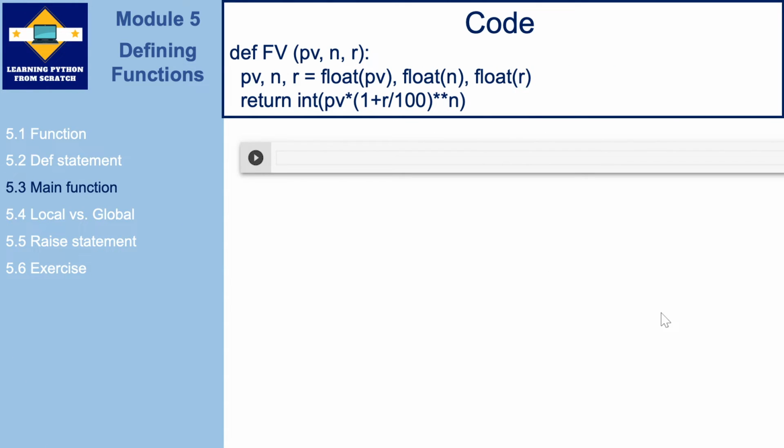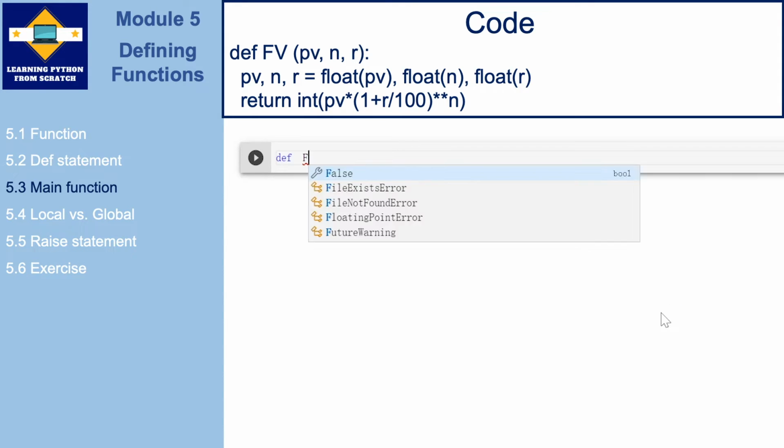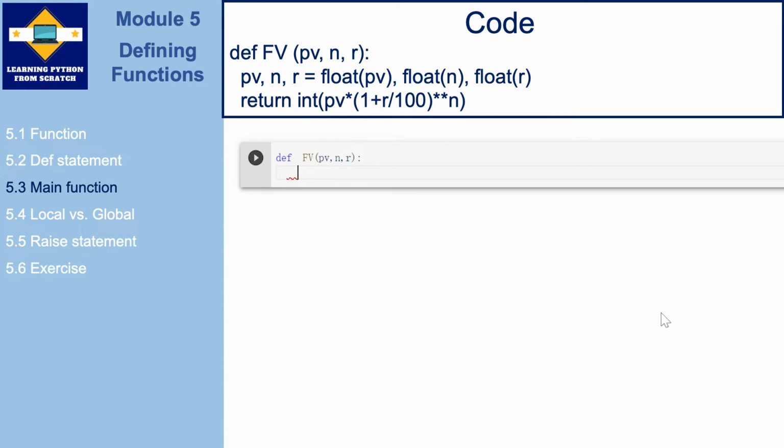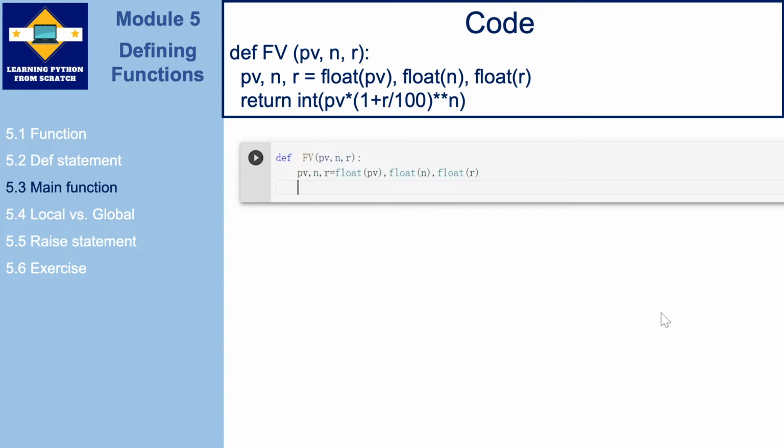Let's try the following code. First, we define the function to calculate future value. Then, we convert PV, N, and R to float, and return the calculation result.